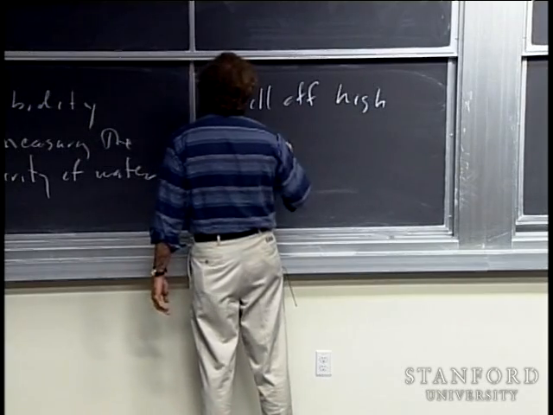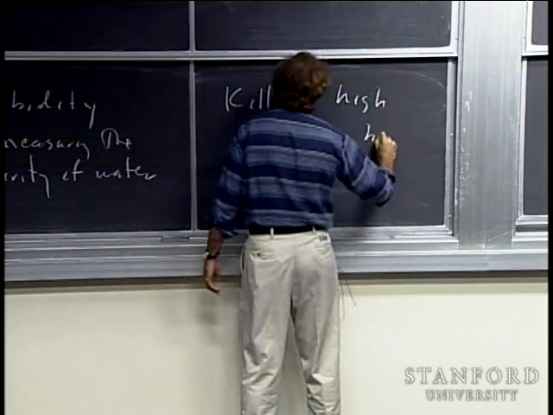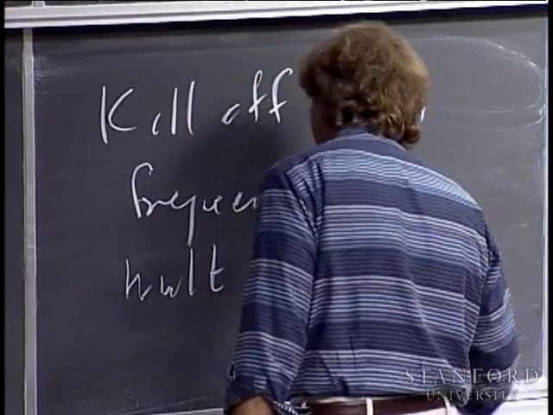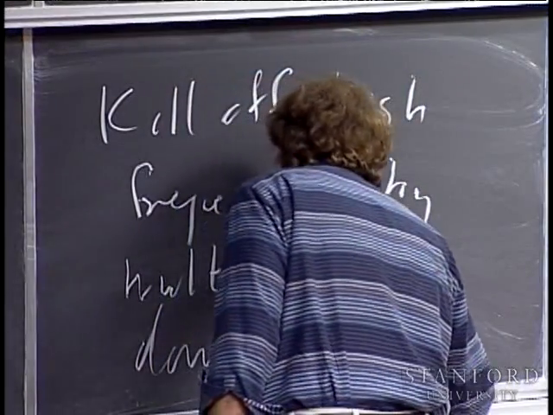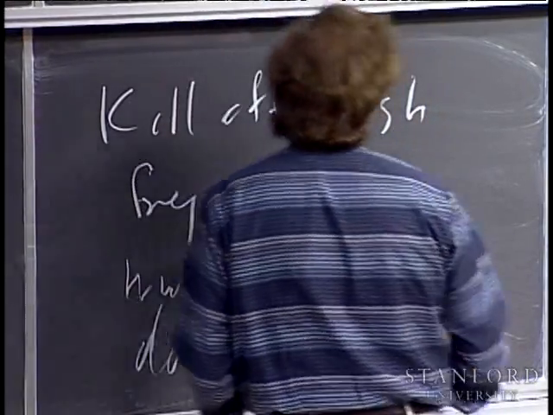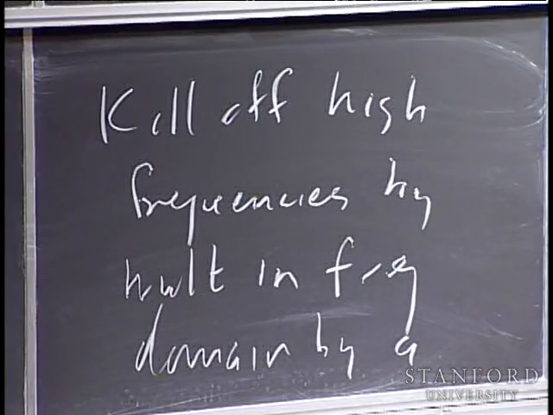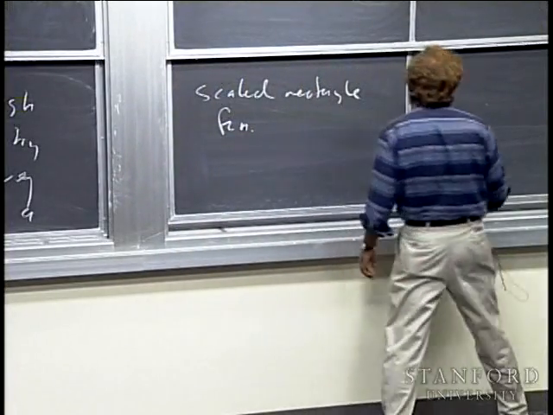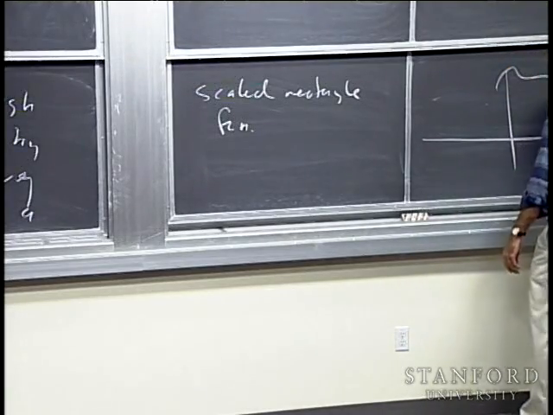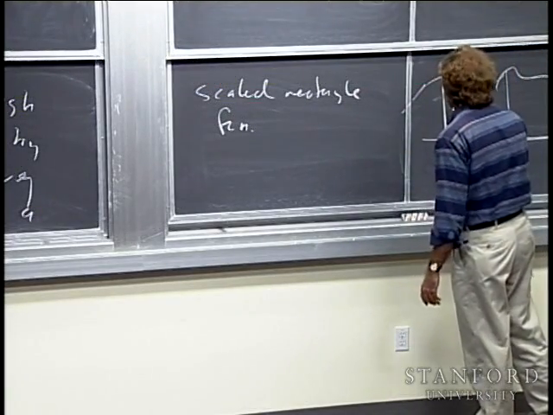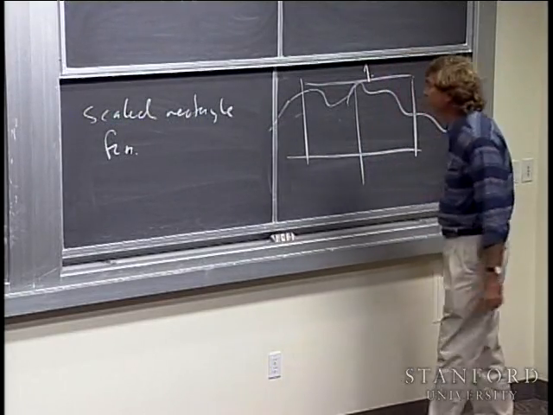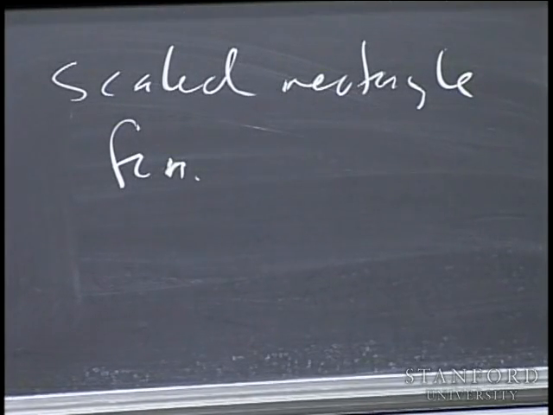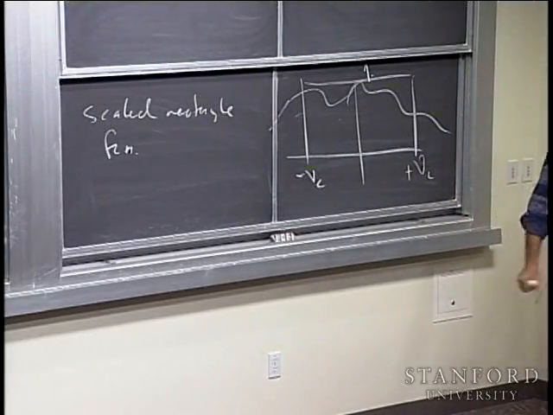So you kill off high frequencies by multiplying in the frequency domain by a scaled rectangle function. That is to say, if the picture in the frequency domain is something like this, where the frequencies go all the way out, then you multiply it by a rectangle function which is 1 up to a certain cutoff frequency, from minus nu c to plus nu c, and 0 outside that.